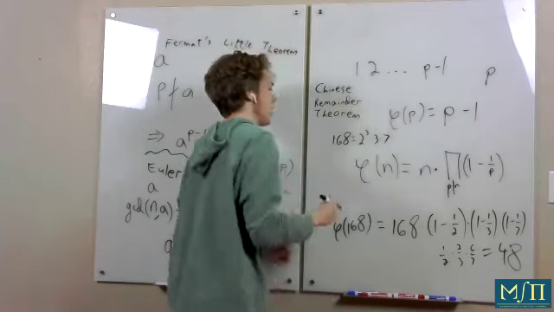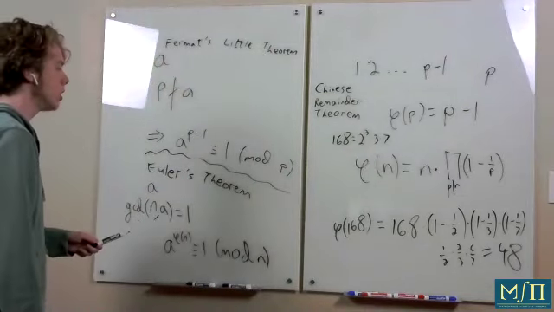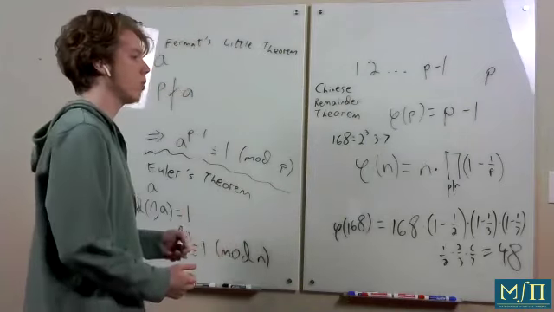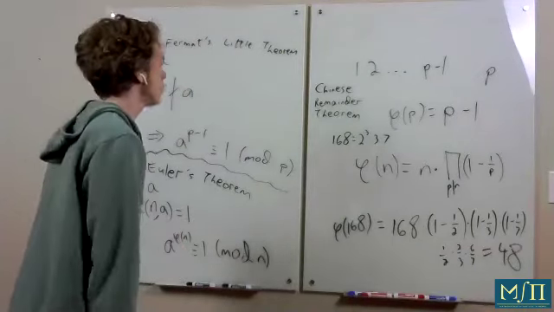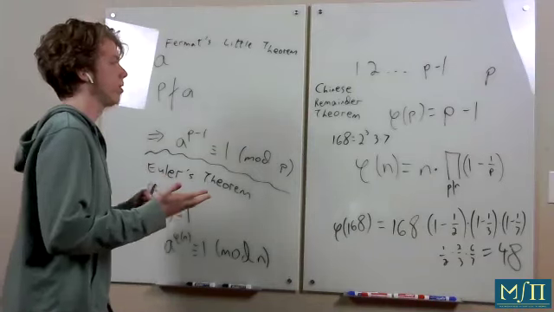But that's the idea that the different moduli are independent of each other when they're relatively prime. So knowing what a number is modulo 5 doesn't tell you anything about what it is modulo 21. Or knowing what it is mod 4 doesn't tell you about what it is modulo 45.